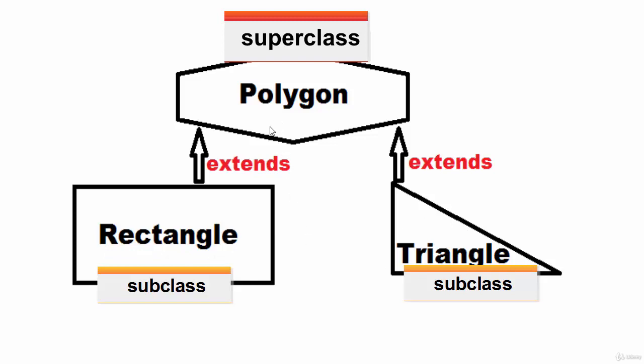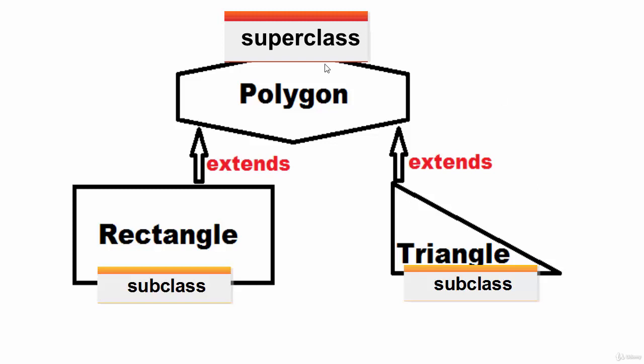If you look carefully, what is the relationship between rectangle and polygon, and triangle and polygon? A rectangle is a polygon, right? And a triangle is also a polygon. That means the rectangle can inherit some properties from the polygon class. Also, triangle can inherit some properties from the polygon class.